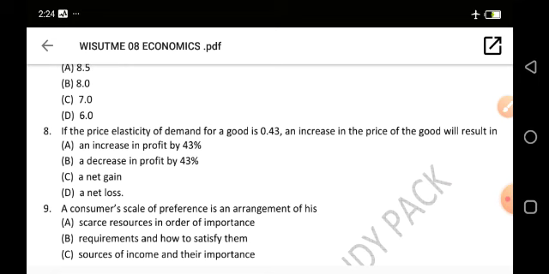Take note that an inelastic commodity does not have a close substitute. So if the producer increases the price of such a commodity, the consumer has no choice but to buy it. In that case, if the price increases from one point to another, definitely the gain of the producer will also increase. The answer to number 8, as we have seen, is C.